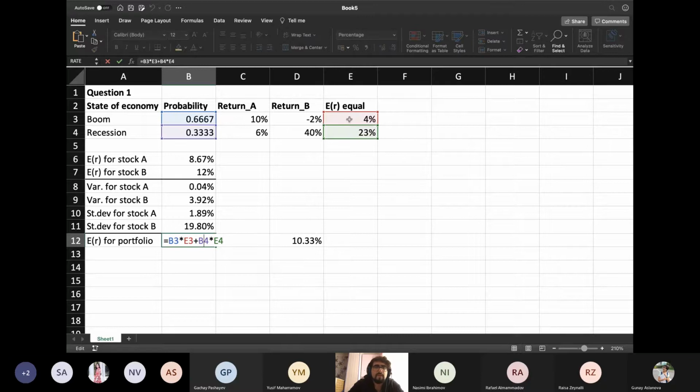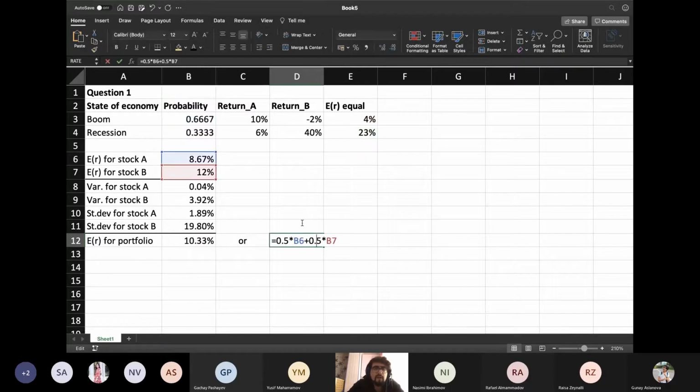In this case, we are finding expected return for each state of the economy and then multiplying the corresponding probabilities. But here, we already found stock A and stock B return, so the only thing left is to divide the returns in equal proportions.